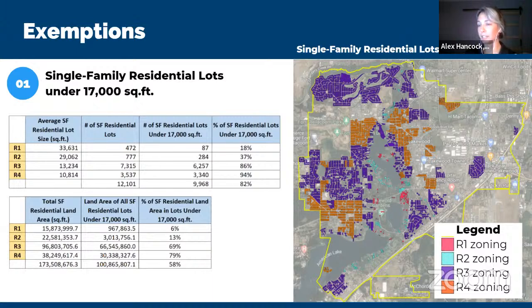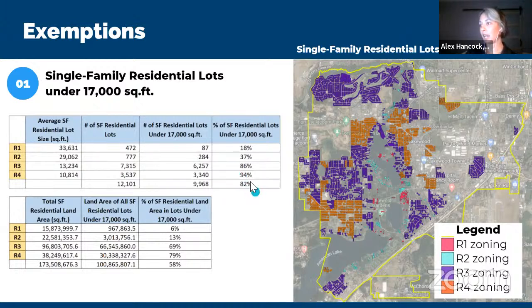As we're looking at this chart, there's a lot of numbers on it, but what I want you to look at in the first chart is the average lot size in the first column. You can see that R1 has larger lots, bigger properties, and then it goes down to R4 with smaller properties. At the end of the columns, the percentage of the lots that are under 17,000 square feet within each zoning district also increases as you go down to R4.